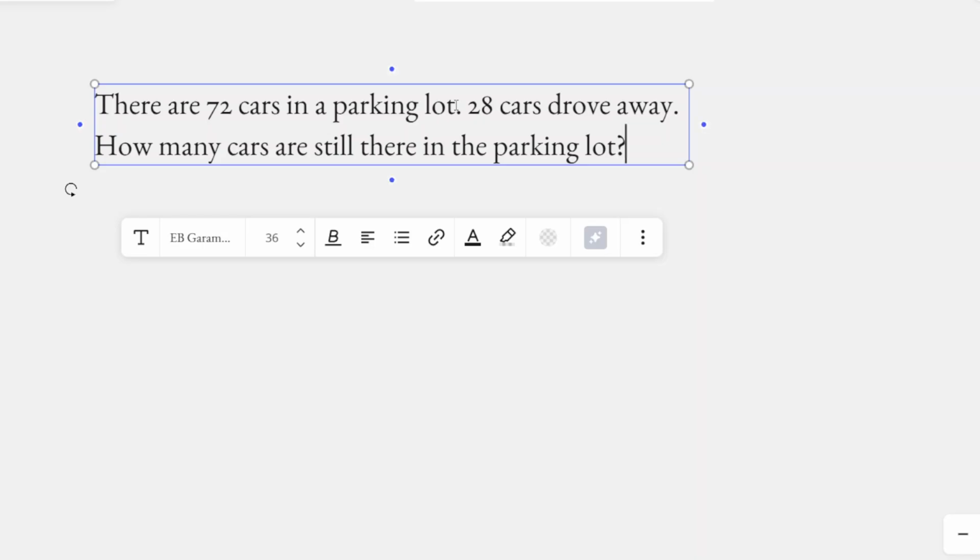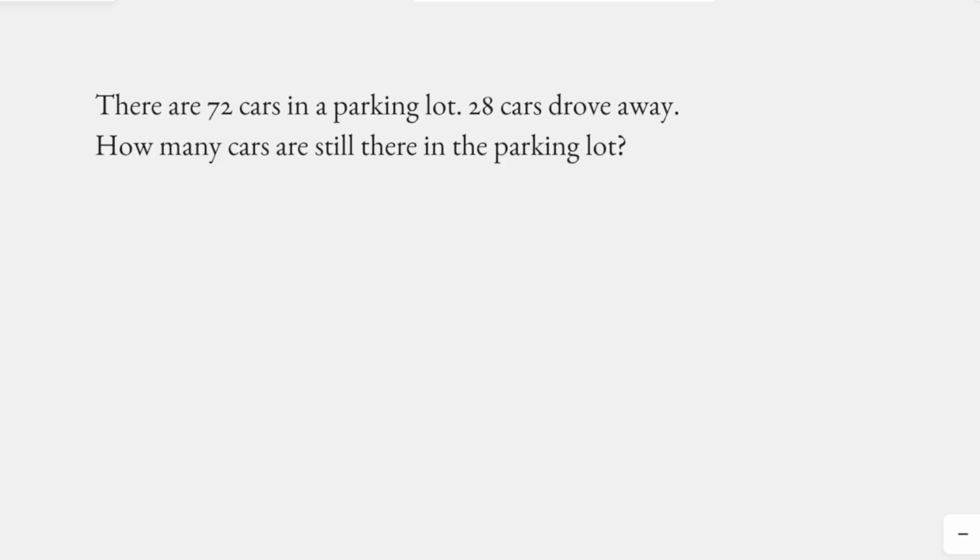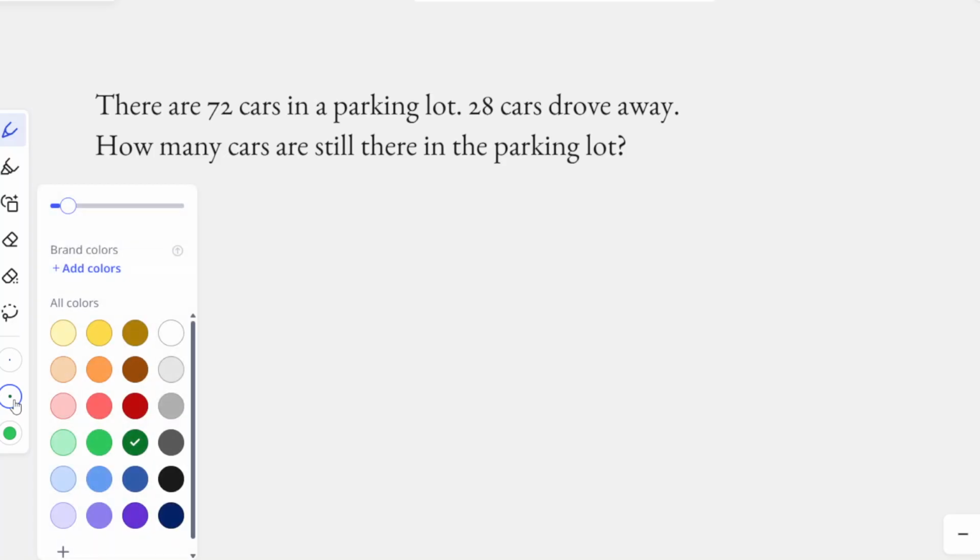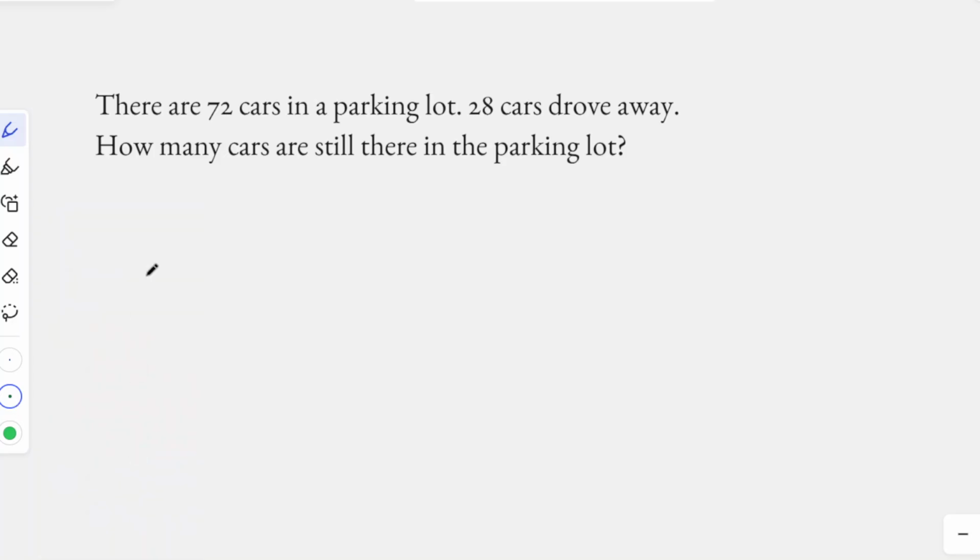Clear? Again, we'll follow the same process. Understand the story first. So we already understood the story, right? There are 72 cars in the parking lot and 28 cars are not there now. They drove away. So how many cars are still there?